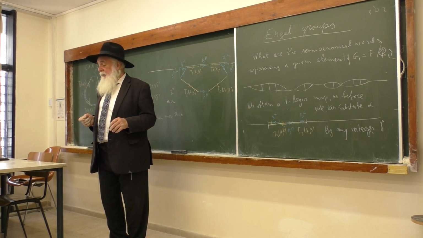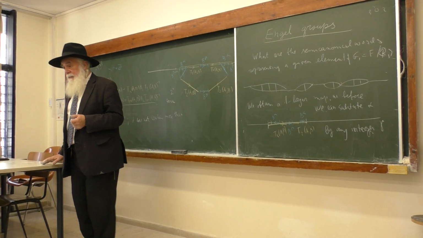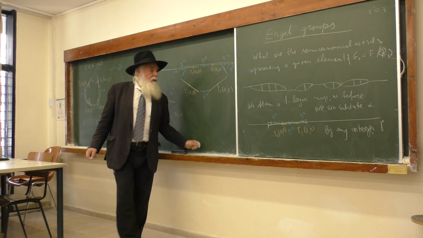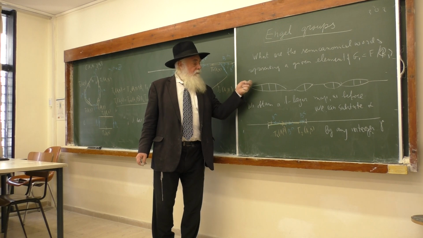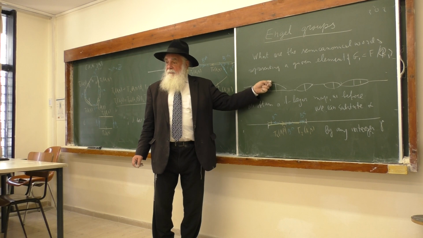And this is different from the situation we had previously, because then in the one layer map we only had the word and its complement.